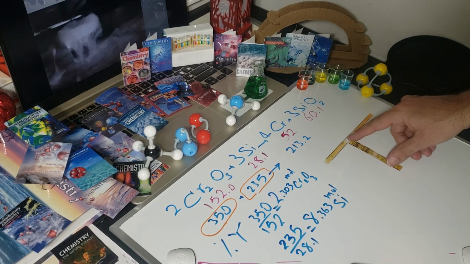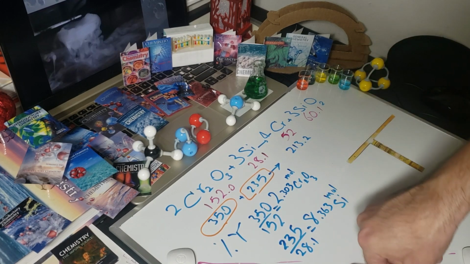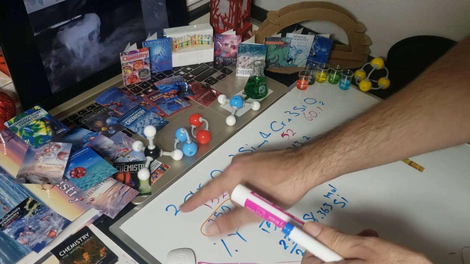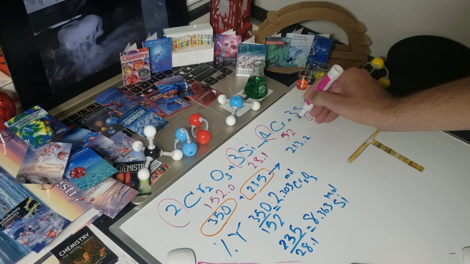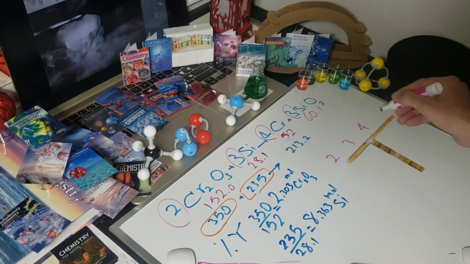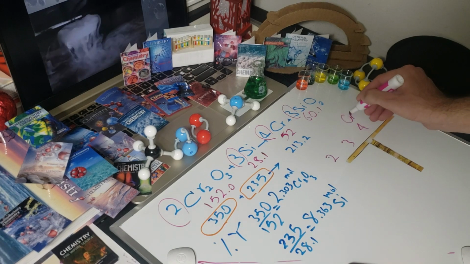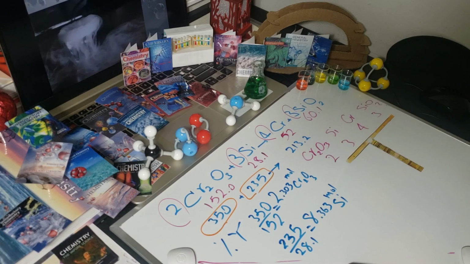The most important thing on the table is the reference line, so the coefficients come into play: 2, 3, 4, 3. This is Cr2O3, this is Si, this is Cr, this is SiO2.